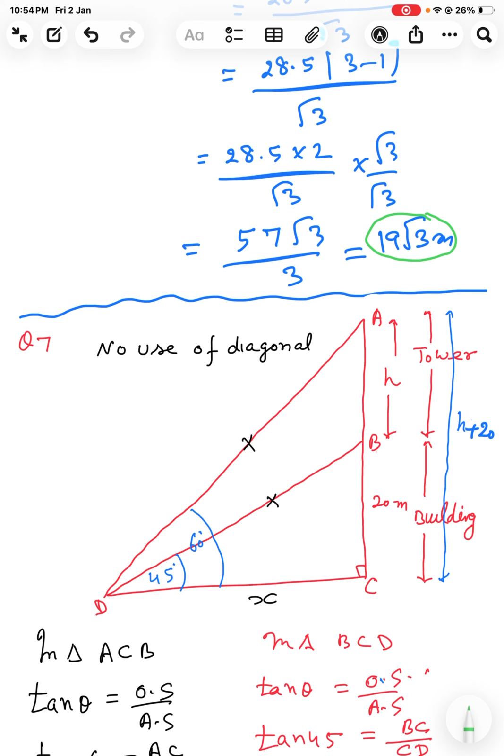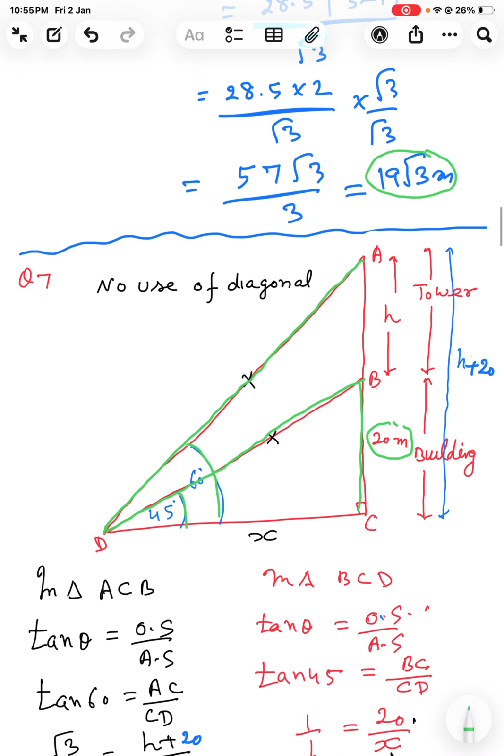In question number 7, the angle of elevation from a point on the ground to the top of the tower, which is fixed on a 20 meter high building, is found to be 60 degrees, and the angle of elevation from this point to the top of the building is 45 degrees. The height of the building is 20 meters.